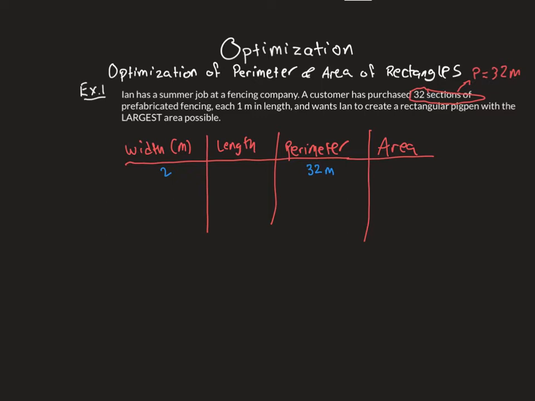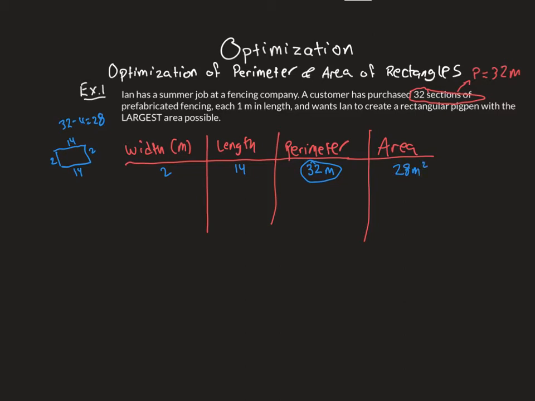Because this is a rectangle, you have 2 plus 2 for the widths, so 2 plus 2 is 4. 32 minus 4 is 28, which means each length should be 14. And 2 times 14 is 28. So your area here would be 28 meters squared.